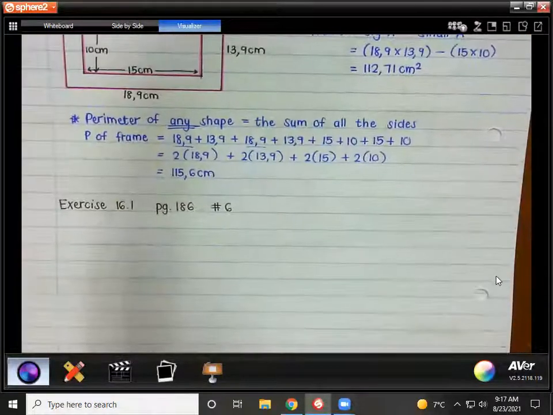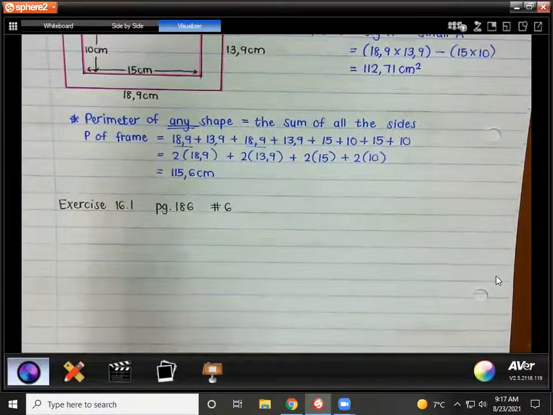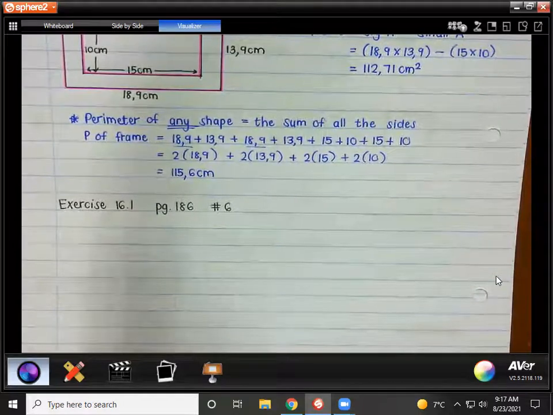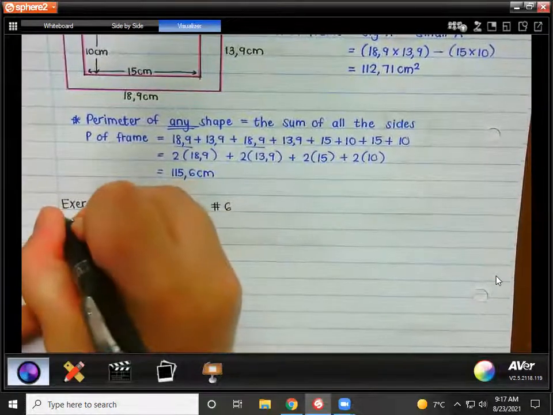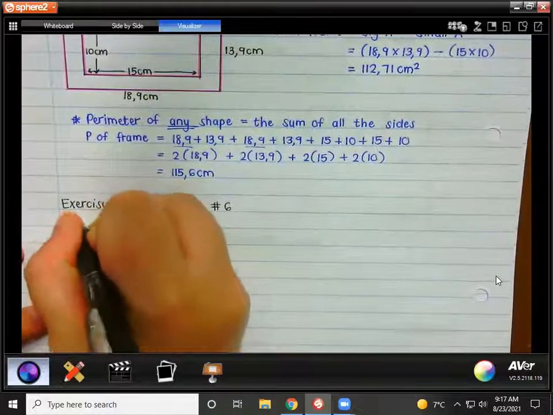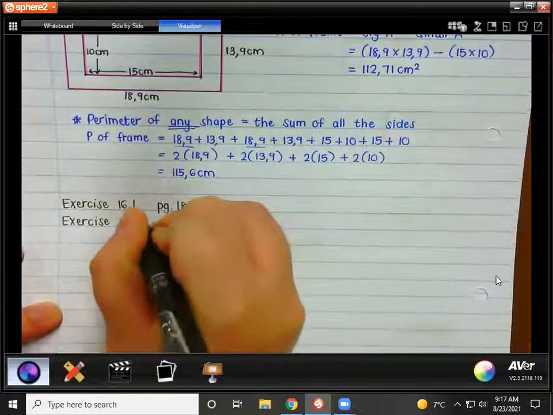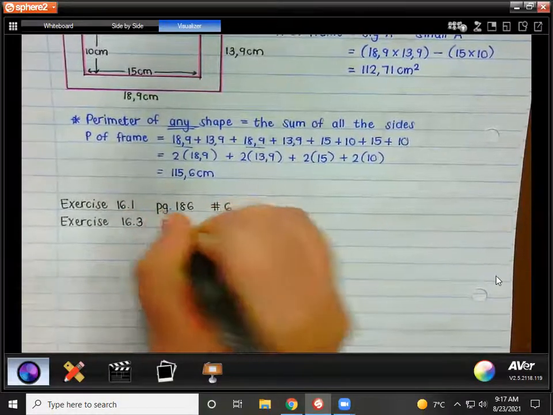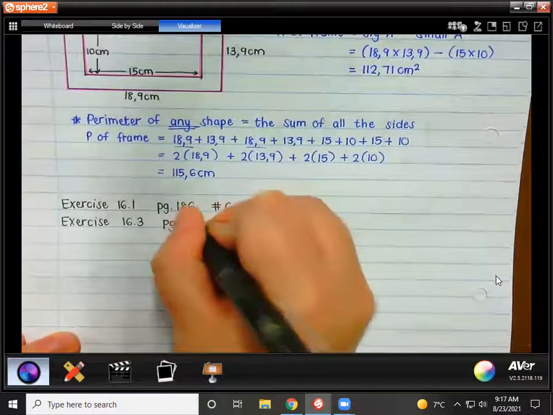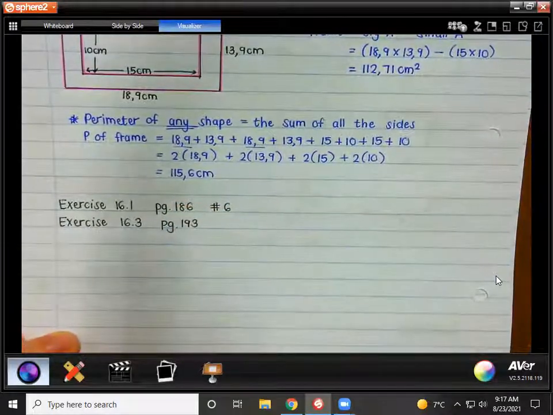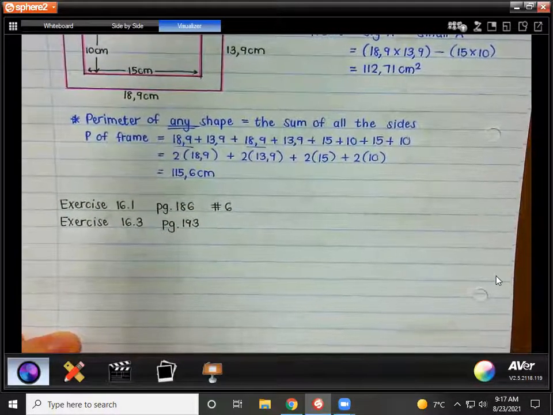That's the arrow question. And the next question.